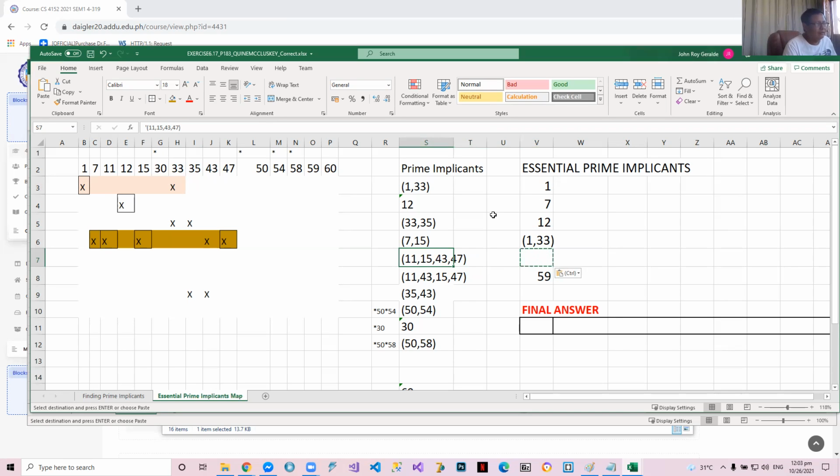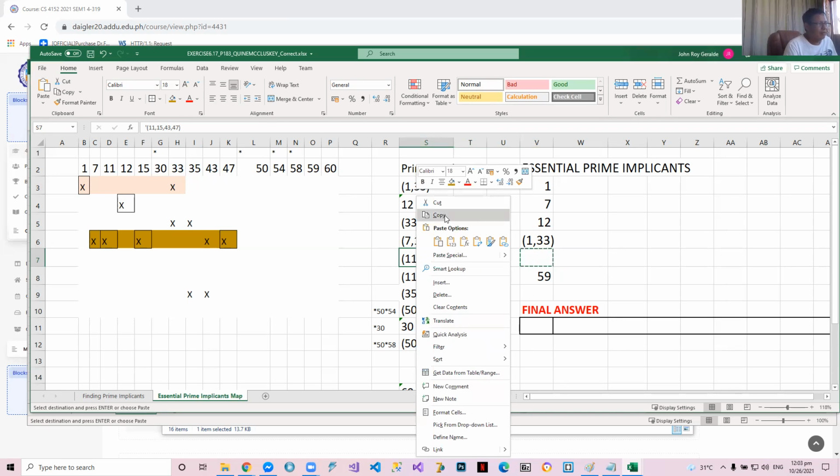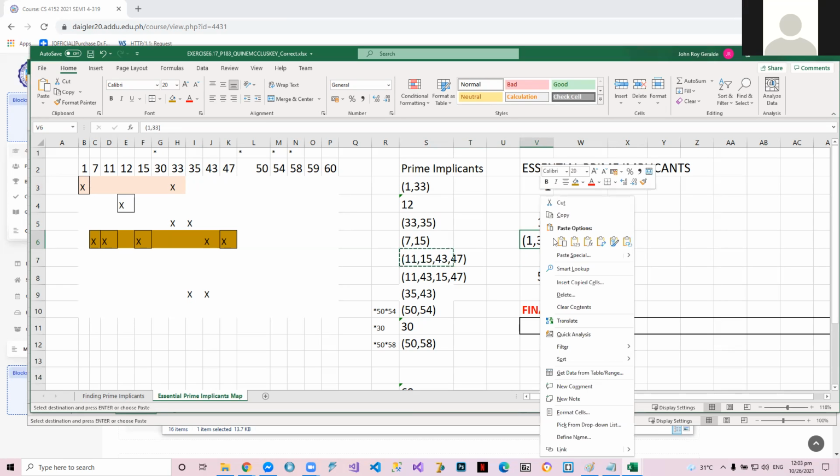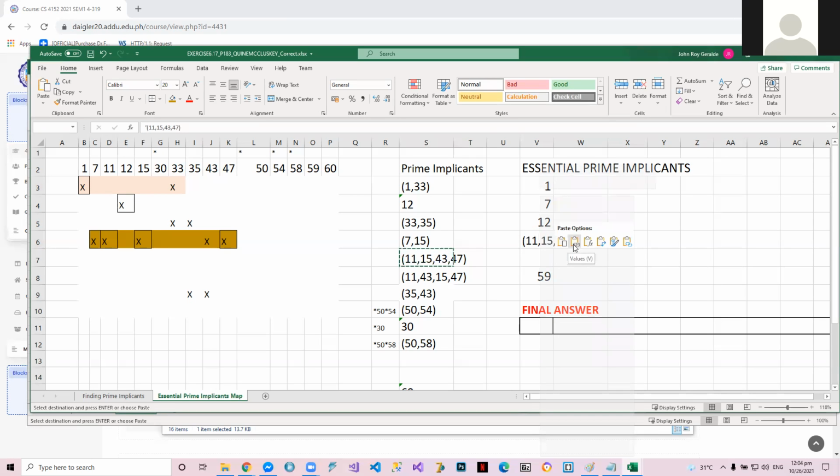Anong nangyari? Dito tayo mag-copy, no? 1, 7, 12. Okay. Ang 7, nasali na natin. So, itong mga linya na to that fall within the blank.